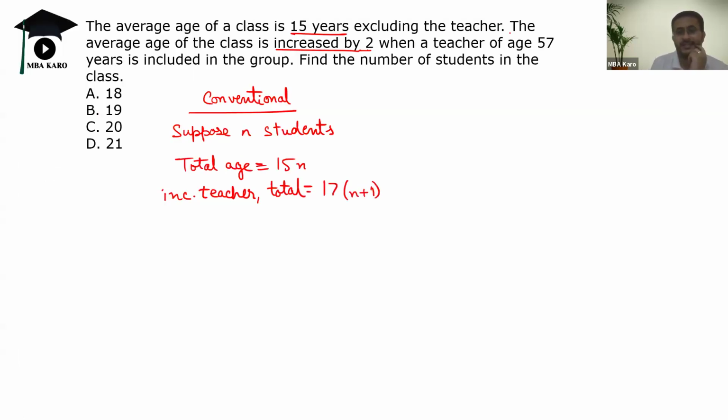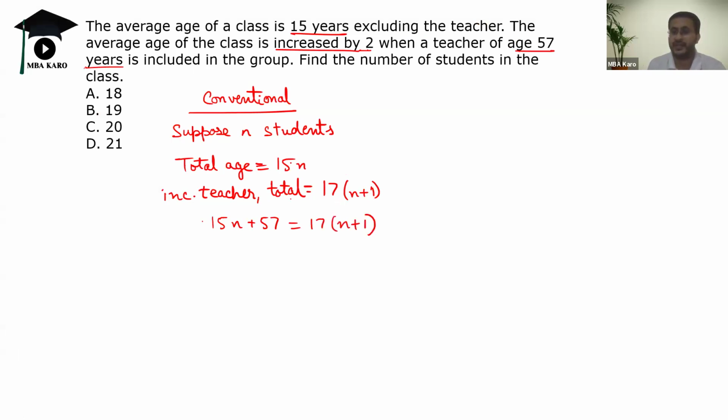Now, it is saying that the teacher is 57 years old. The original total was 15n, and if you add 57 to it, that will be the new total. So this is the new total, and the new total is this also. So can we say that this is equal to this?